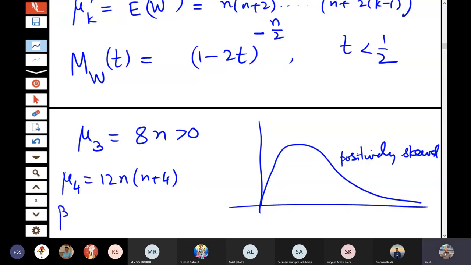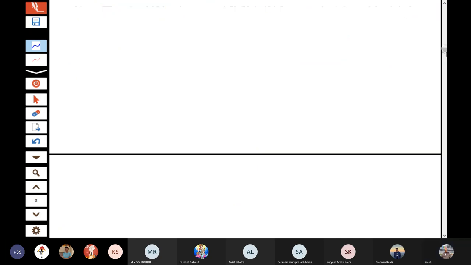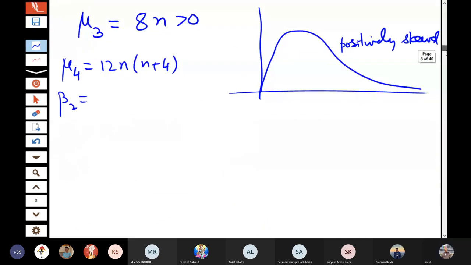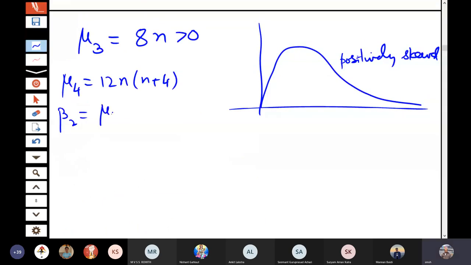So if you calculate the measure of kurtosis, that is mu 4 by mu 2 square minus 3, then you substitute it here, it will cancel out this term, and you will get basically 12 by n here, which is of course positive.